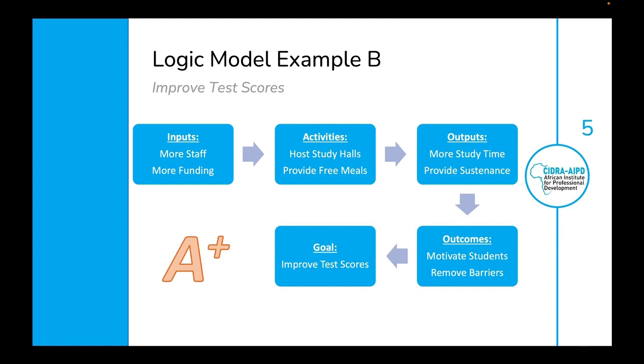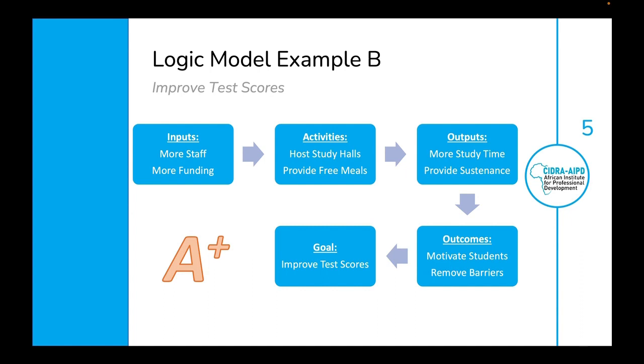Outputs. We get more study time, and you provide sustenance for students. And what do these outputs really influence? The outcomes. They can help to motivate students and remove barriers to studying. If someone has a hungry stomach, they're not necessarily going to be worrying about studying. And if they have more study time or even a scholarship, that's going to motivate students, or it should.